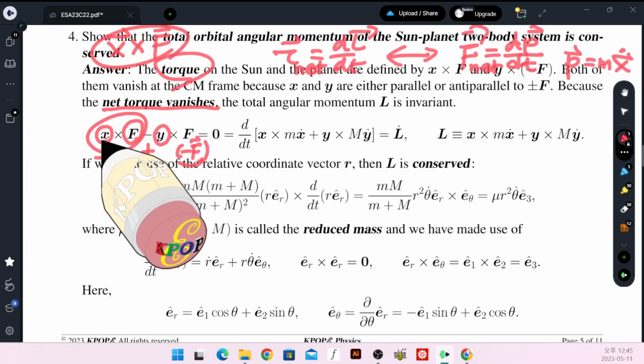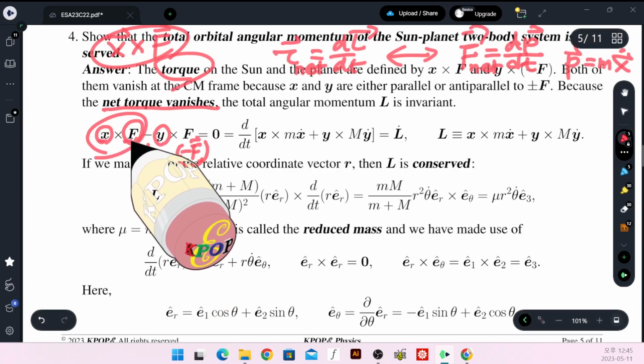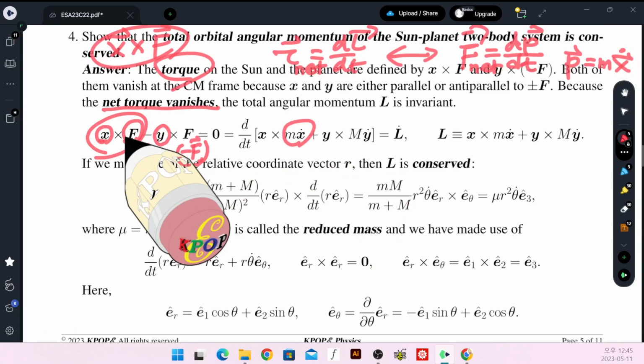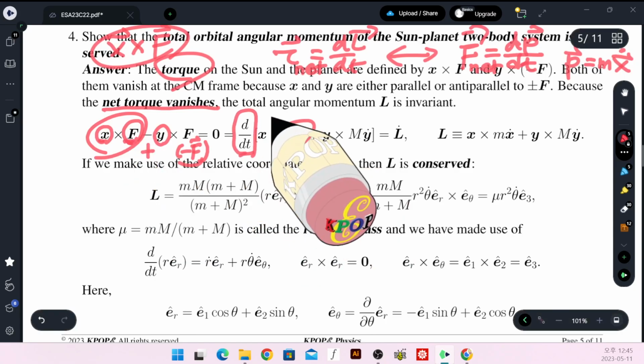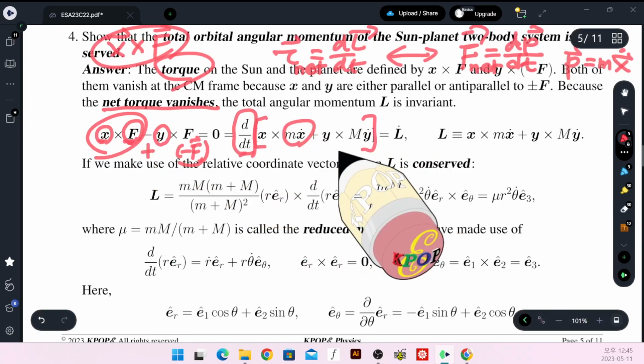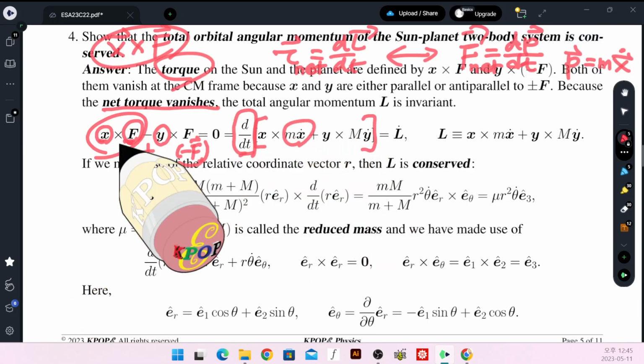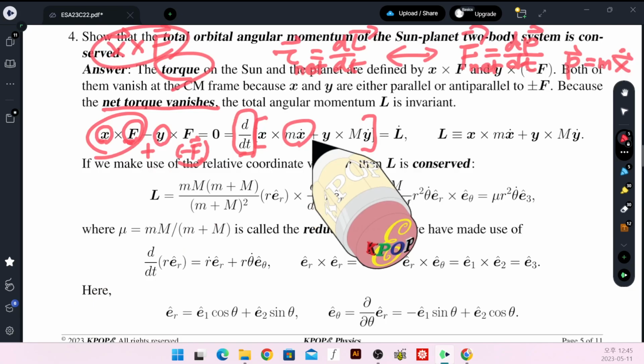Anyway, the position vector, and what is the force? Force is the time derivative of the linear momentum of the particle, and the time derivative is placed outside. So x cross p, the linear momentum of the Earth. What is the linear momentum of the Sun?